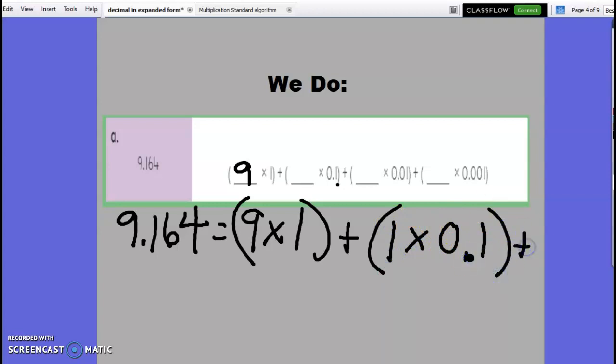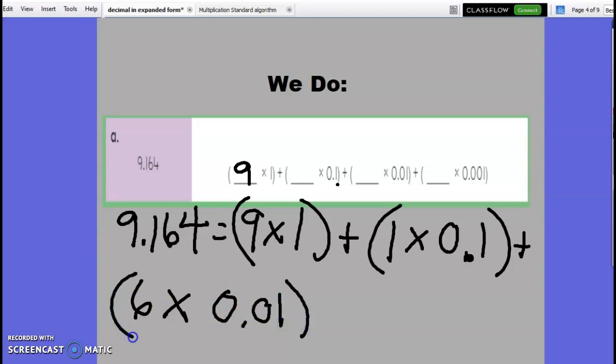Plus, here is my thousandths. I have 6 sets of 1,000ths. And plus 4 sets of 1,000ths.